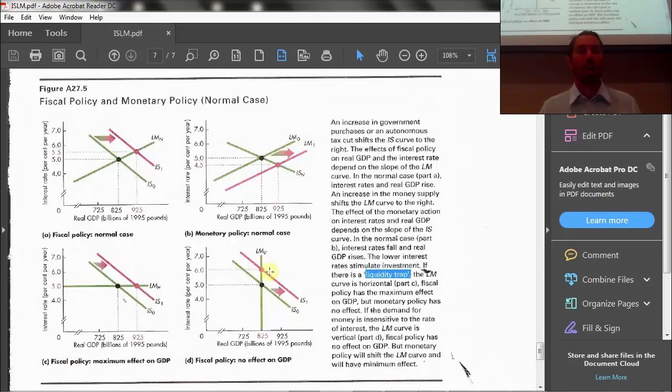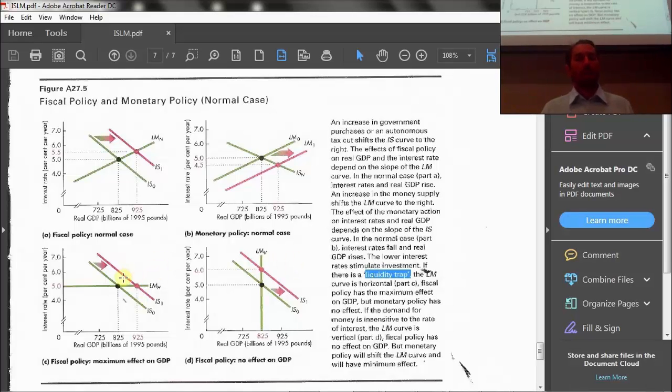Alternatively, what happens if you have a vertical LM curve? Then fiscal policy doesn't work to increase output. It only increases interest rates, right? In that case, your best policy option is monetary policy. Okay?